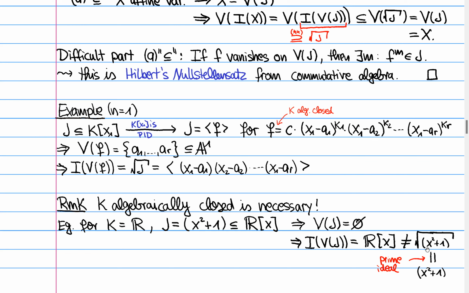Because in fact, you can check this ideal is a prime ideal, corresponding to the fact that x squared plus 1 is an irreducible element of R[x]. And the radical of any prime ideal is just the ideal itself. And so we see, this is a strict ideal, this is the entire ring. So the claim of the Nullstellensatz is just false if you don't have the assumption of being algebraically closed.